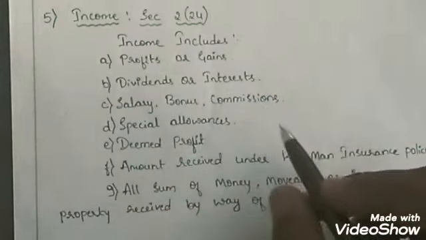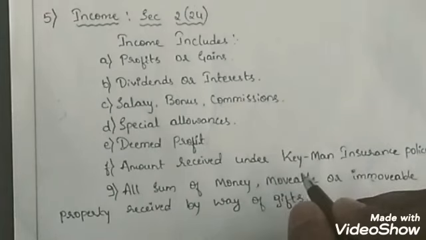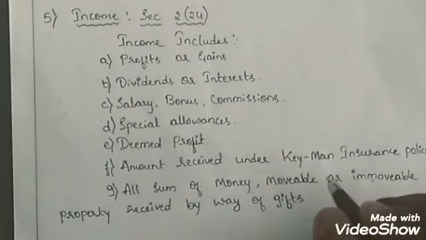Other than this, we have to remember that income may be in cash or kind. Like I told before, assets can also be treated as income. Next, income must come from a definite source. It means that we must have proof from where this income has been generated.